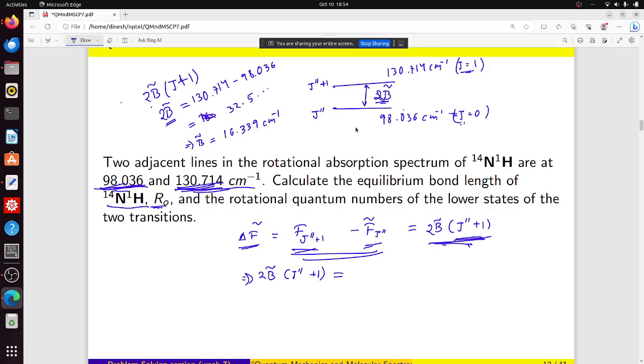So we don't know what is this first state and second state. What we assume is the first state to be j equal to 0 and the excited state to be the first state in some j frame. By assuming this, we are simplifying this problem. If we assume j equal to 0, then this difference will be simply 2 beta tilde, so from that I can simply calculate beta tilde.